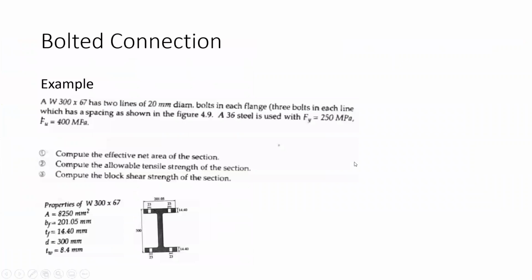We have bolted connection. So for bolted connection, this is just a review because the steps are the same for everything. We have a W 300 by 67 with two lines of 20 mm diameter bolts on each flange, 3 bolts on each line, which has a spacing shown. So ito siya. A36 steel is used with Fy equal to 250 megapascal.